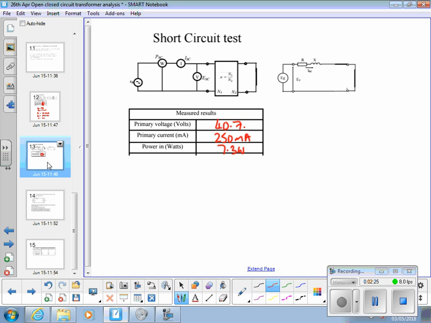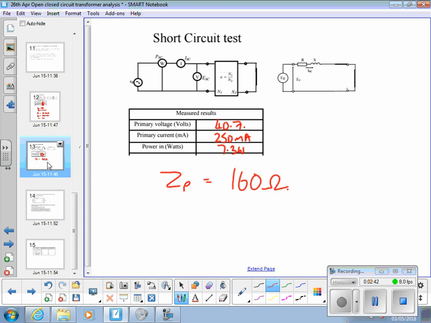But the short circuit test. We would have calculated a ZP. 160. Close enough.